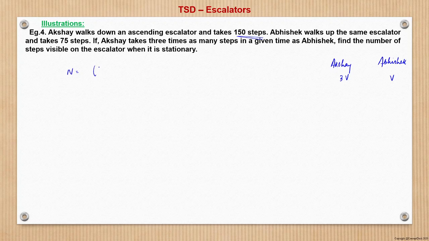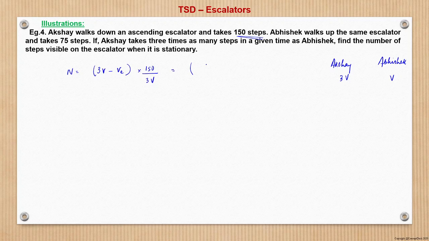For the case of Akshay, Akshay is walking down an ascending escalator, so the effective speed becomes 3V minus Ve, into time. Time we do not know, but we know that Akshay has taken 150 steps. 150 steps at a speed of 3V gives the time taken.